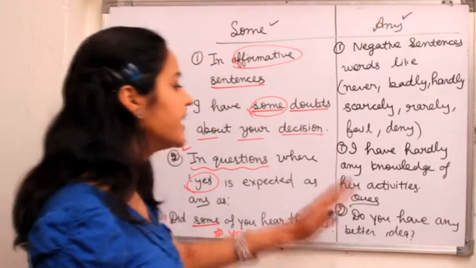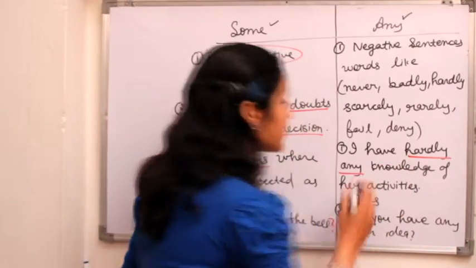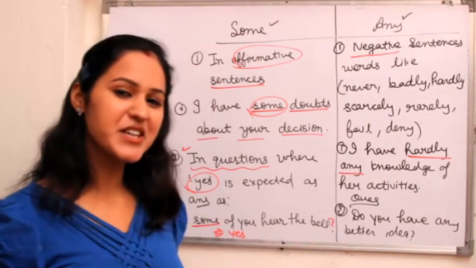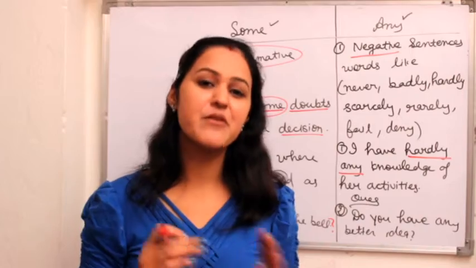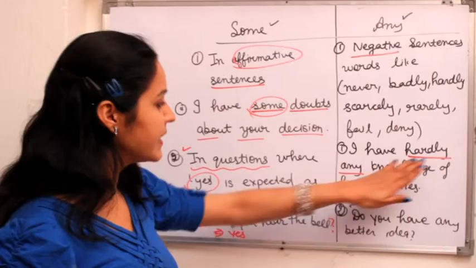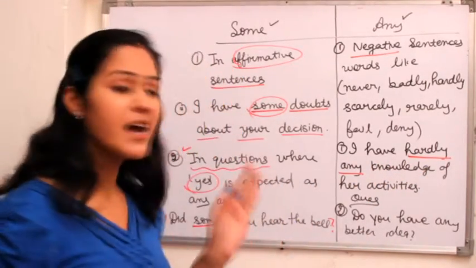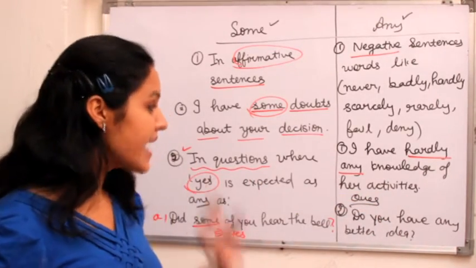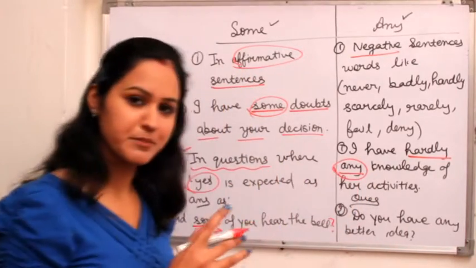Here I utilize the term hardly, so it is counted as a negative sentence, and the reply must be in negative form. I have hardly any knowledge, meaning little knowledge, a little amount of knowledge of her activities. That's why I use here any, not some.